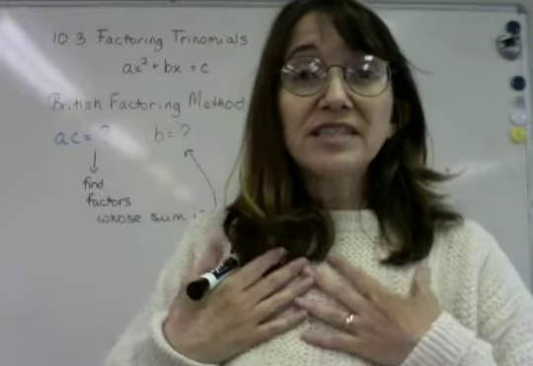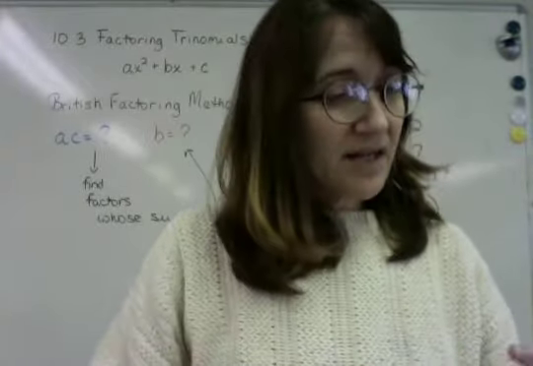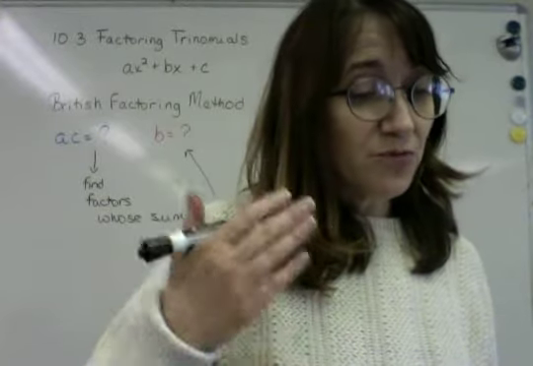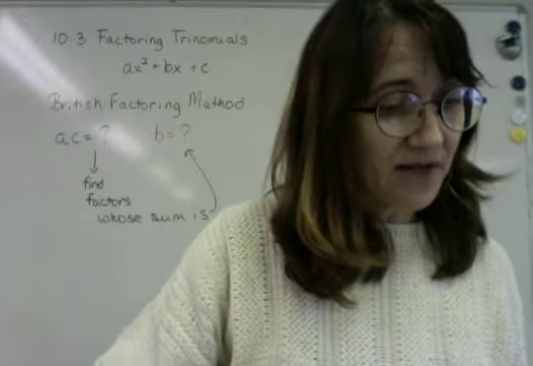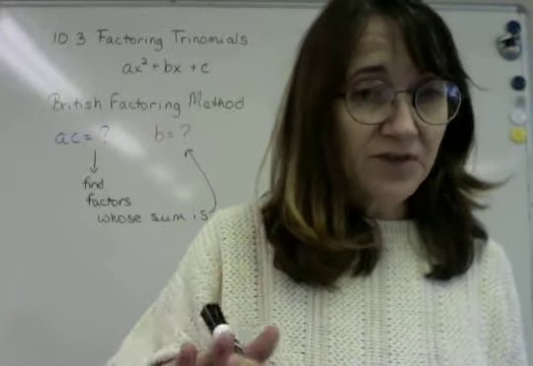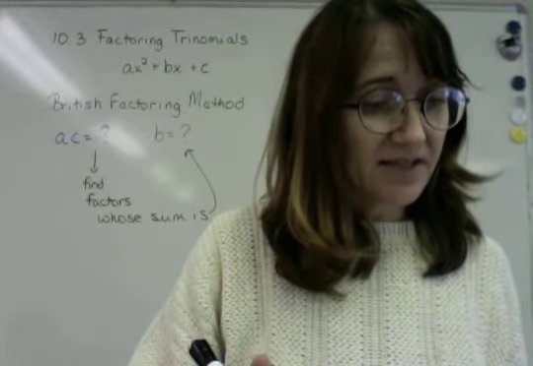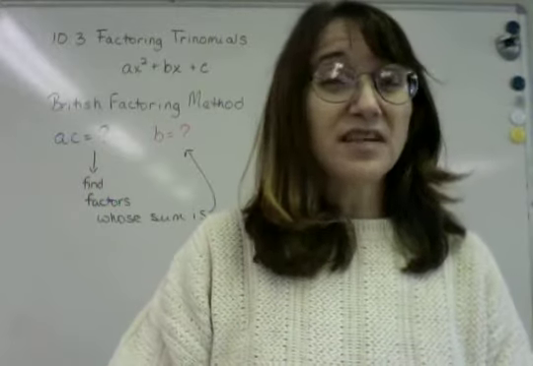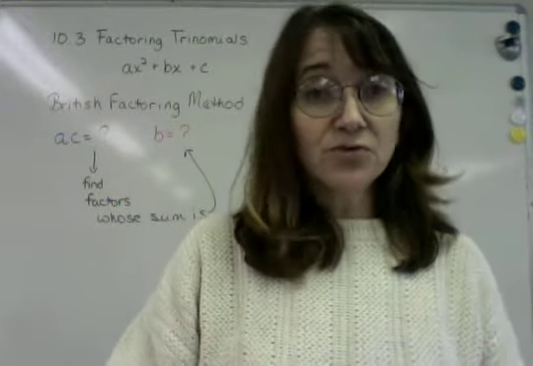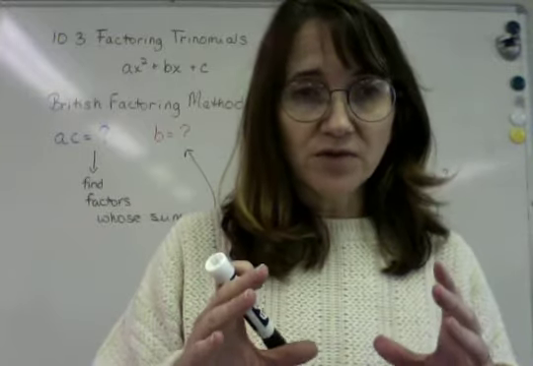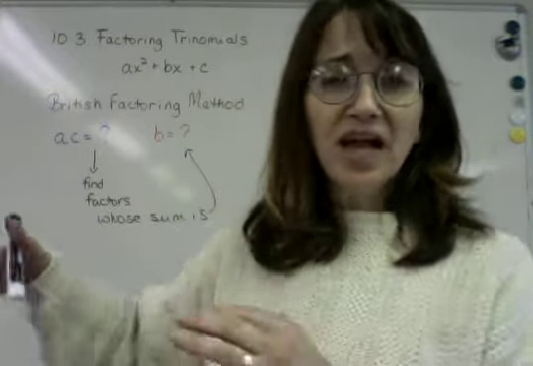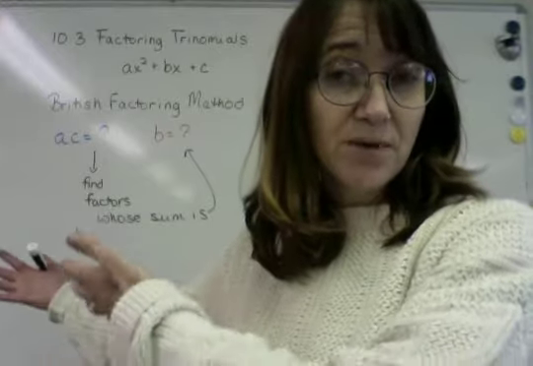That's using what we did in 10.2. So that's what they're saying, that previous strategy that we used in 10.2 can be modified for this, just to be able to figure out the coefficients. With small coefficients, that's efficient. You can do it quicker. But if you got a big coefficient, I'm saying a big number, you're probably going to have to use this British method.